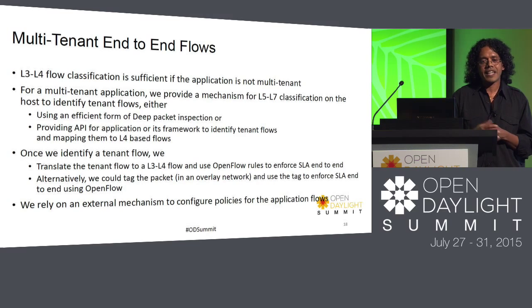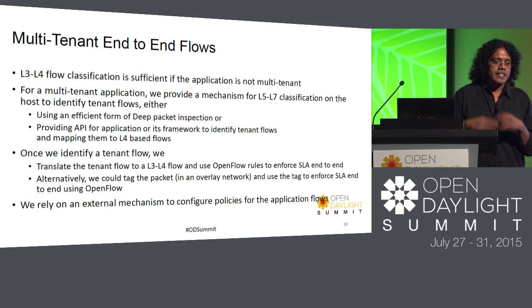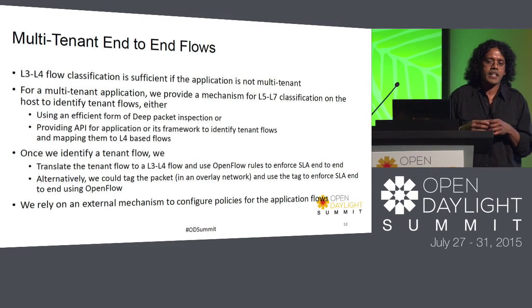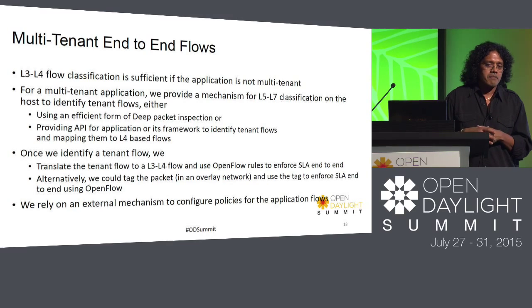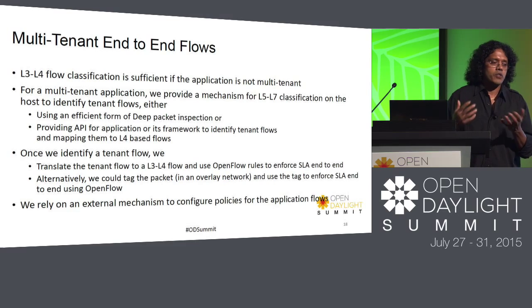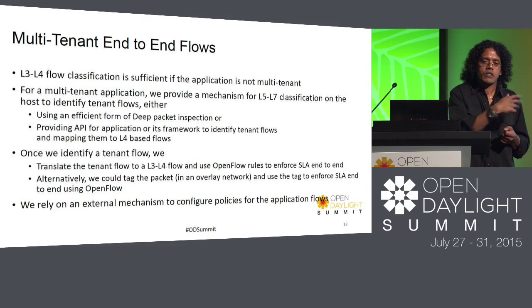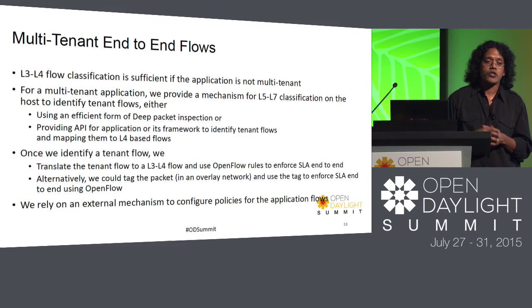Once we have that, we could do one of two things. We have this information between the client and the tenant, so we map that into a layer 4 flow, and then we use OpenFlow to install that flow in all the nodes along the path. The other way would be what Girish said: we could use overlays.